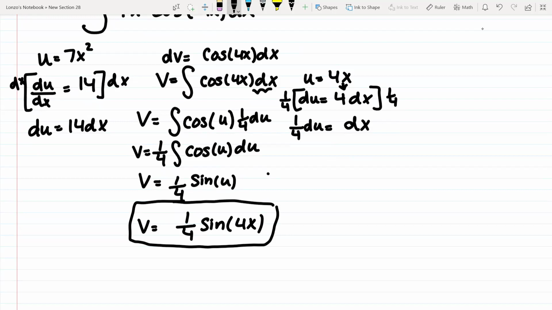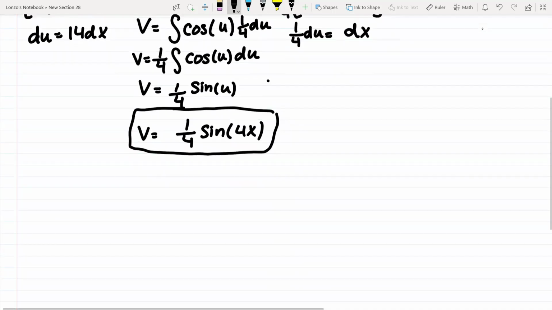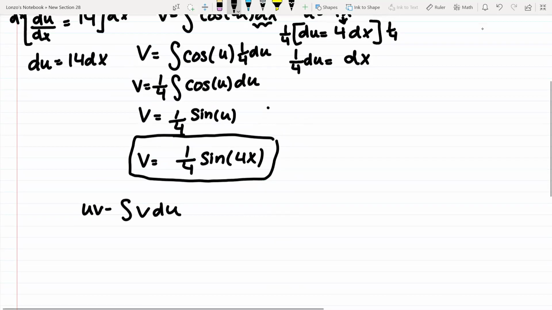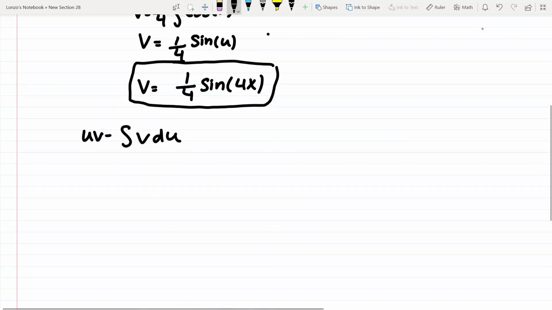Okay, so if we apply the integration by parts, it's uv minus the integration of v du. So my u, you said, was 7x squared. V is 1/4 sin of 4x.